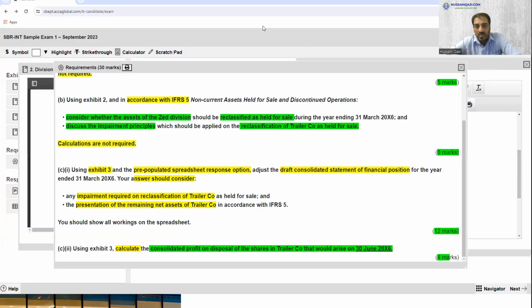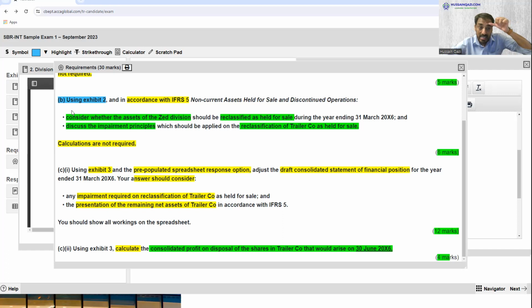So let's start with the requirement. First of all, part B, using exhibit 2, and in accordance with IFRS 5, non-current asset held for sale and discontinued operation, there are two parts.